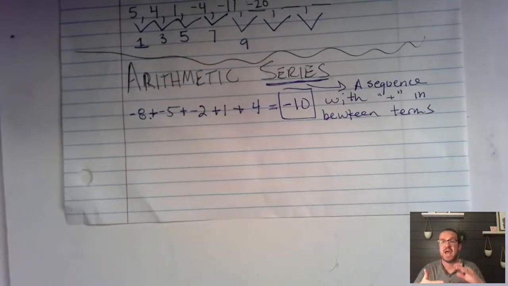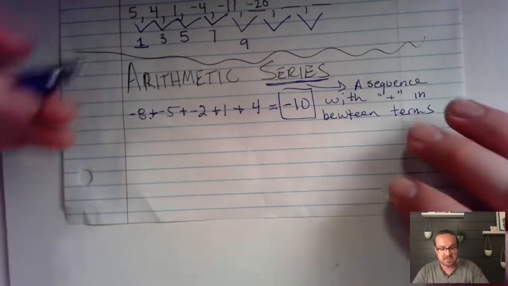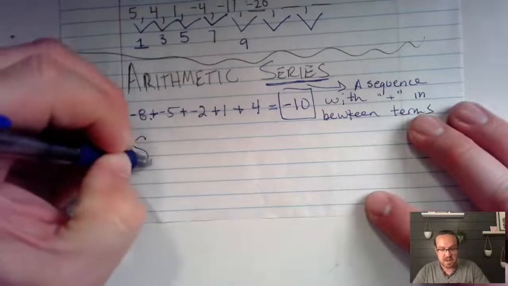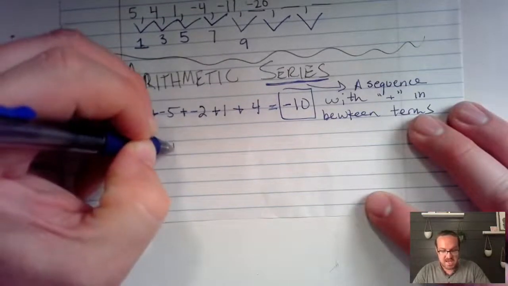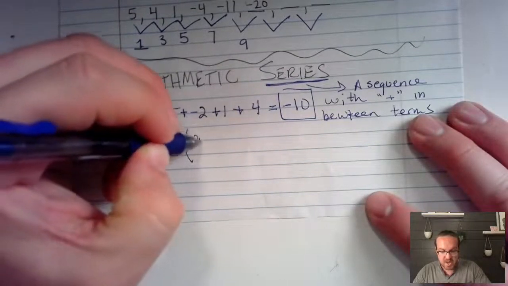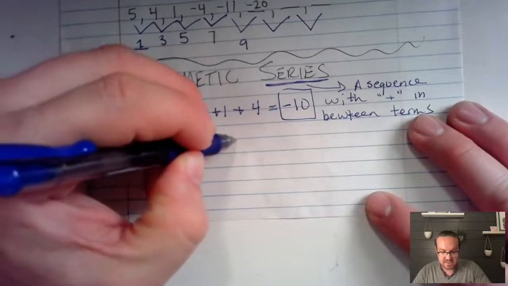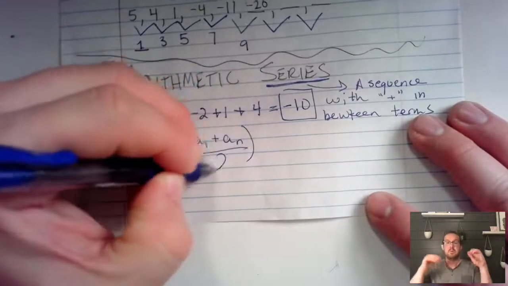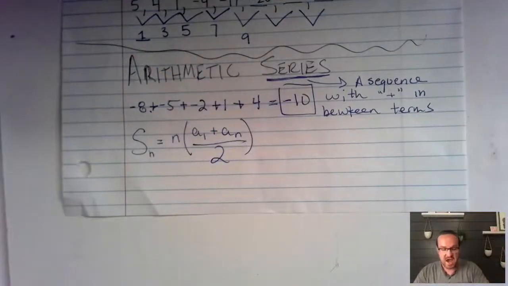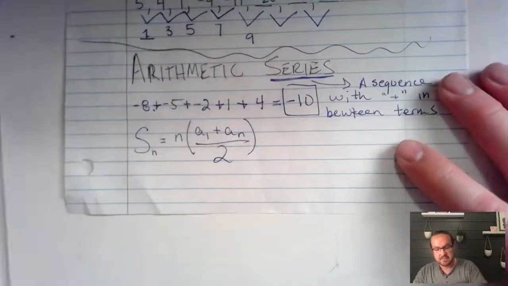A sub n, a sub 1, n. That formula that we have become so accustomed to, this formula right here is the way to do this process a lot quicker.